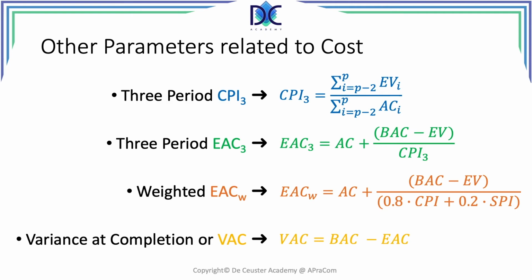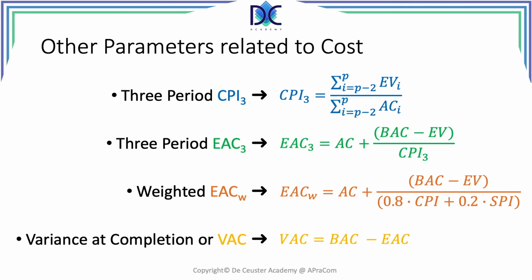It gives you an average CPI over the last 3 periods. With that CPI, it's possible to calculate the estimate at completion for the last 3 periods, which is equal to the actual cost plus the budget at completion minus earned value divided by CPI index 3.